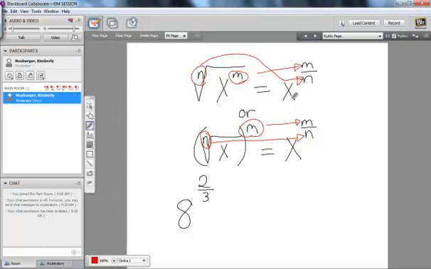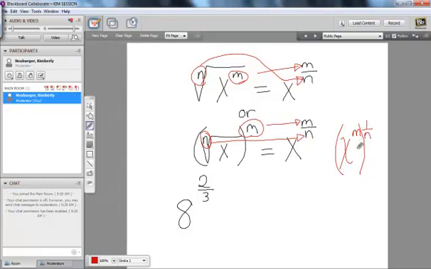The reason why we're able to write both these expressions so that they're equivalent is because you have a power to a power exponent rule that says that if you have something raised to a power raised to another power, you multiply those exponents.